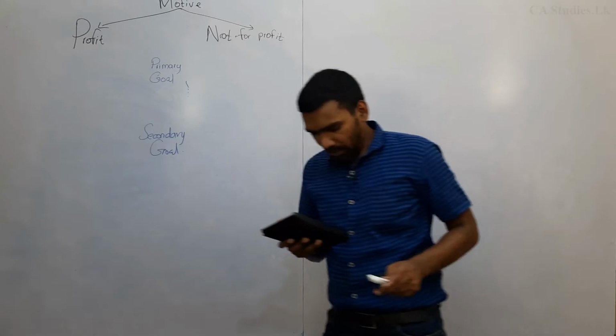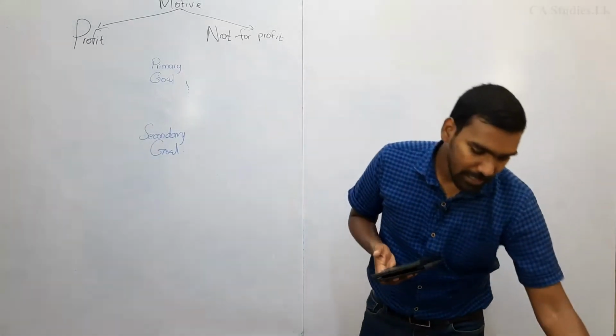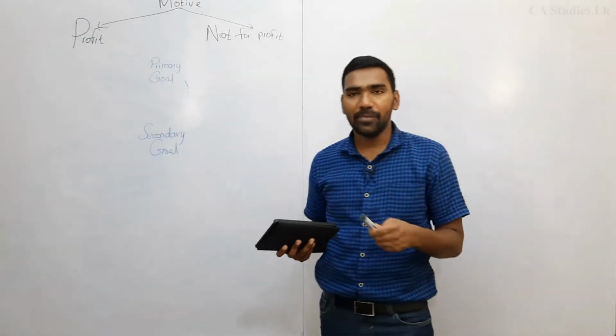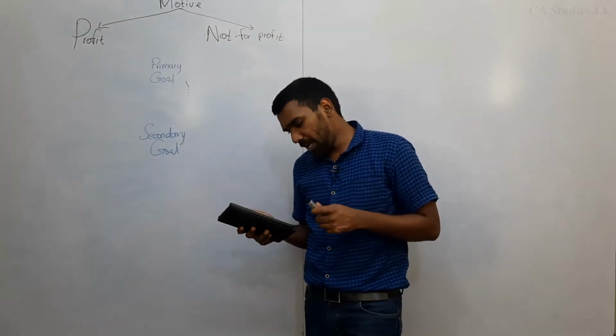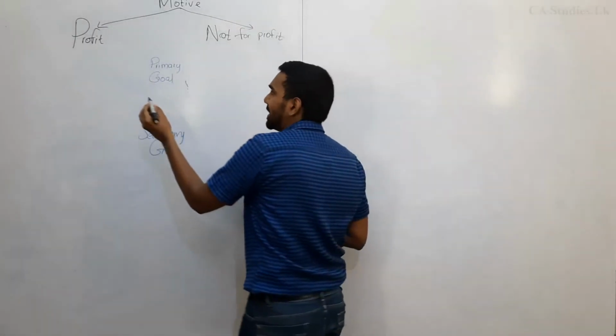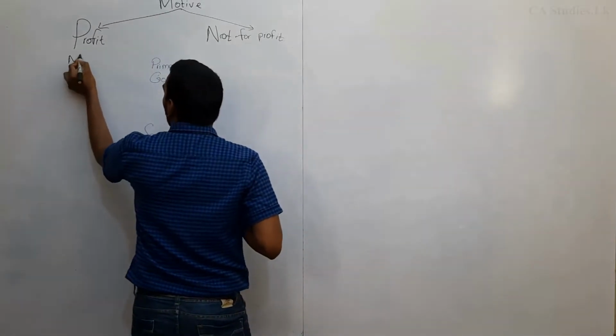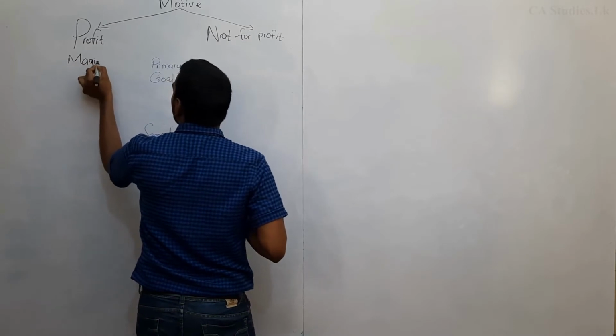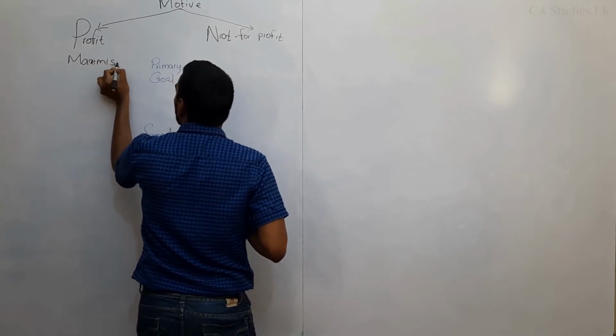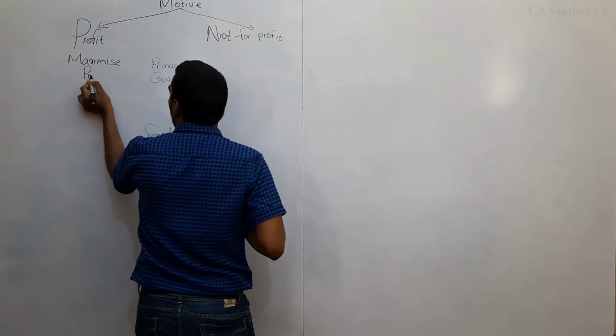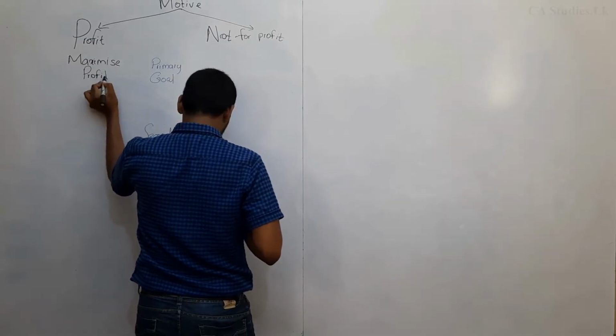Right? So in a profit making organization which is aiming to make profit, the primary objective, as the name suggests, would be to maximize profit.